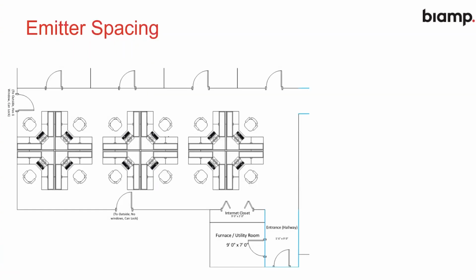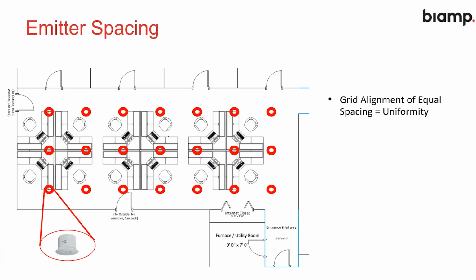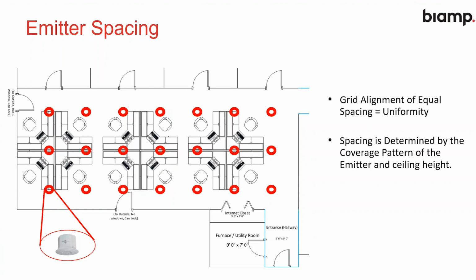So we have the emitter spacing that we work on, and what we would do ideally is aim for a grid alignment of equal spacing. Therefore, we get the uniformity. So we want to try and retain the grid as much as is possible. The spacing is determined by the coverage pattern of the emitter and the ceiling height.